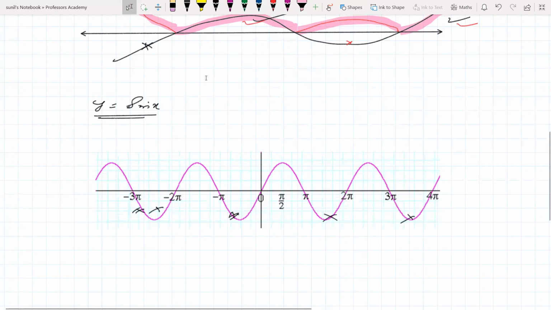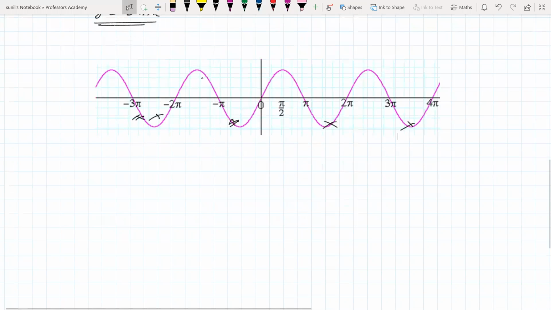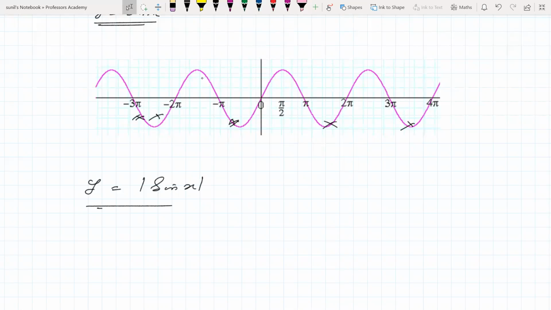So whenever we are looking for y equal to mod of sin x, what is happening here? This negative portion, where the graph is below the x-axis, will be reflected back, or we want to take the image of that part under the x-axis. So it becomes something like this. Let me draw that one.